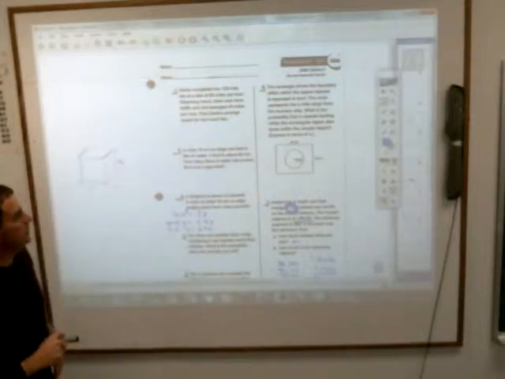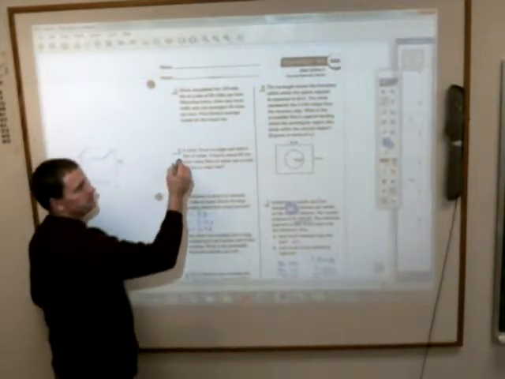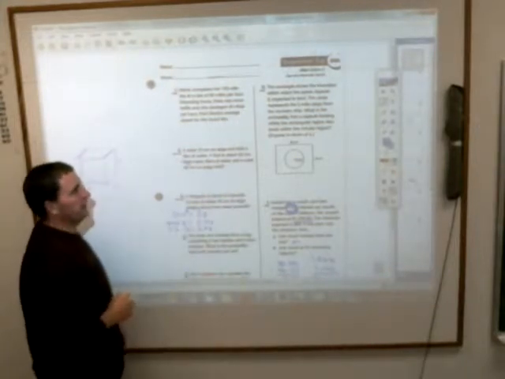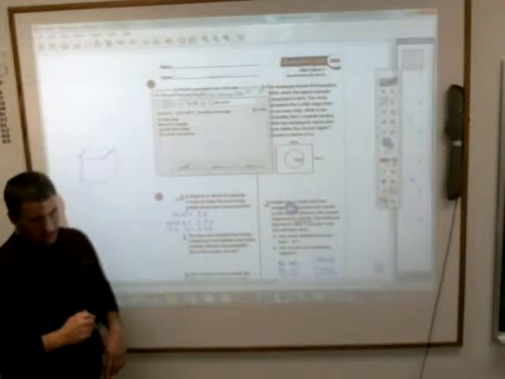Alright, for problem number 2, children, here again is what you need to know. The problem is you're changing cubic centimeters into liters, okay?